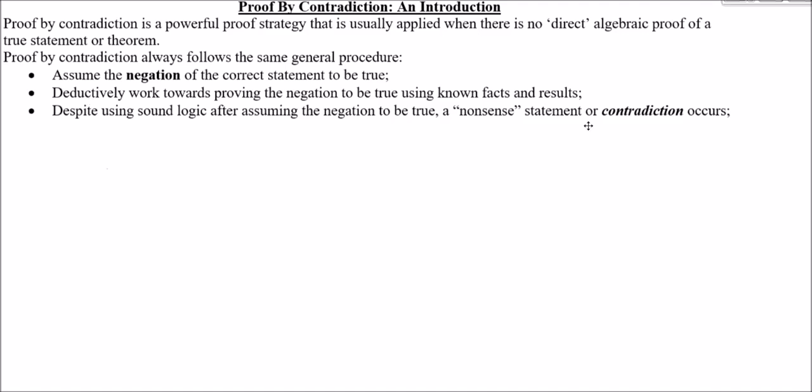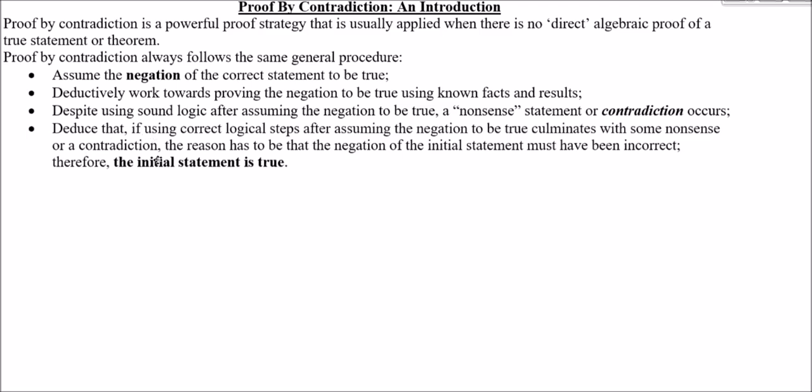But if we end up with something non-logical, and all the steps after the initial assumption were definitely solid, then the only conclusion must be that the assumption that the negation is true must have been wrong. If the negation is not true, the original statement must be true. It's actually a bit to get your head around when you think about it deeply enough.